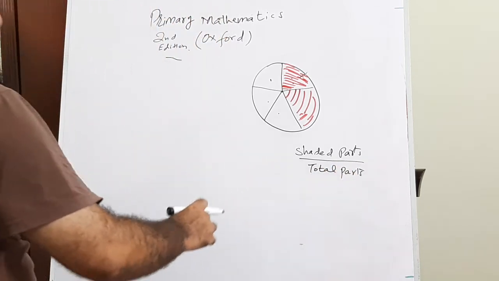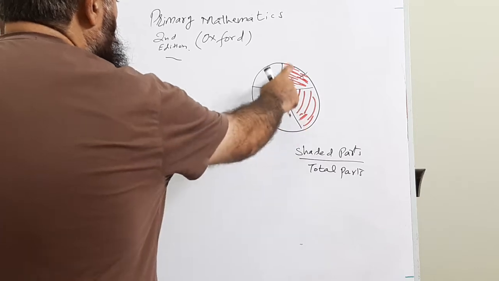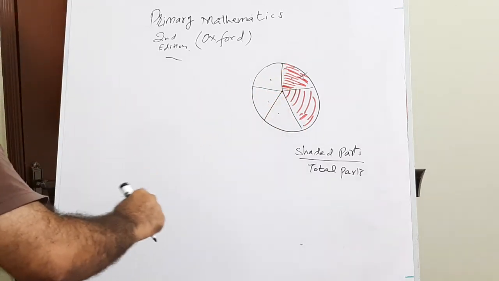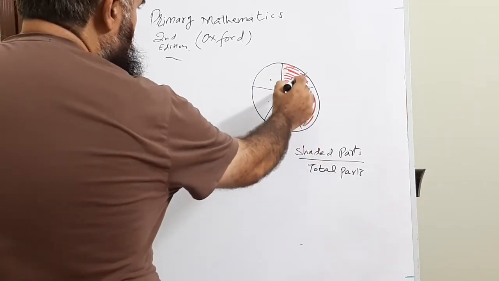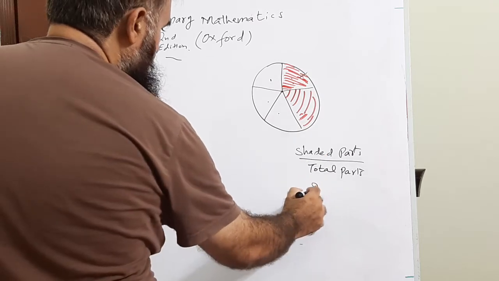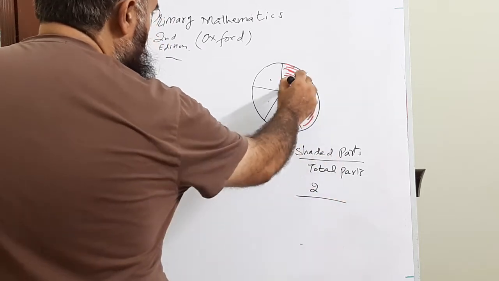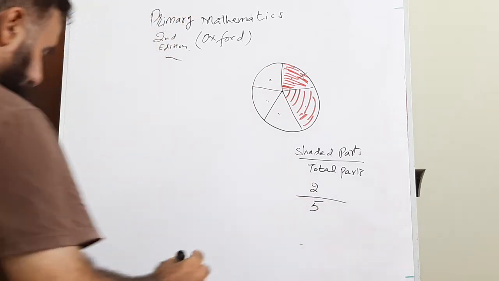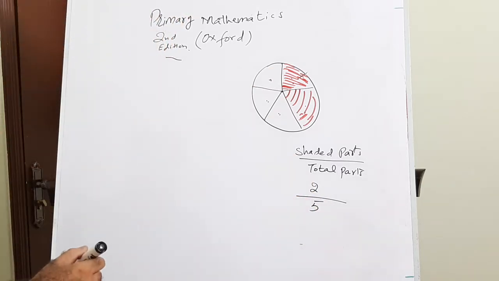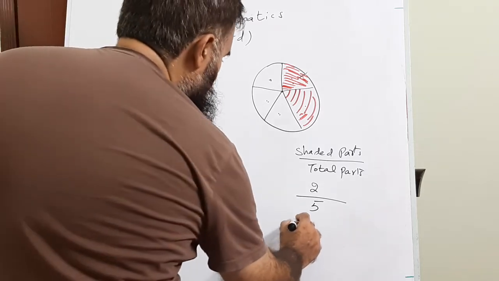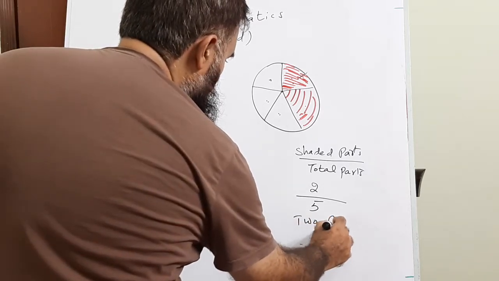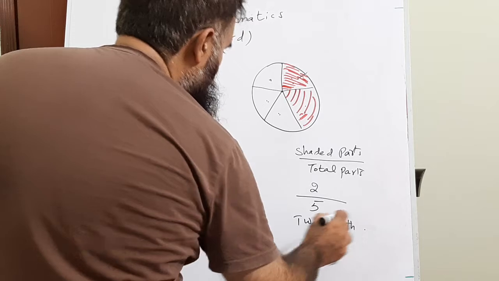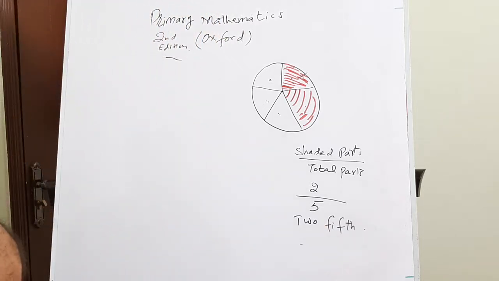We need to tell how much this shaded part is in fractions. How many shaded parts? 2 parts are shaded. How many total parts? 1, 2, 3, 4, 5. 5 parts are total. So it is 2/5. So 2/5 of the circle is shaded.